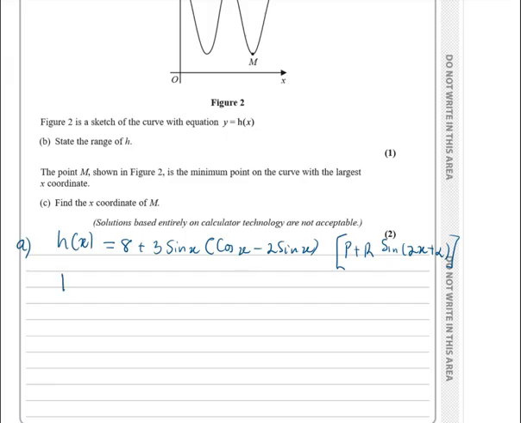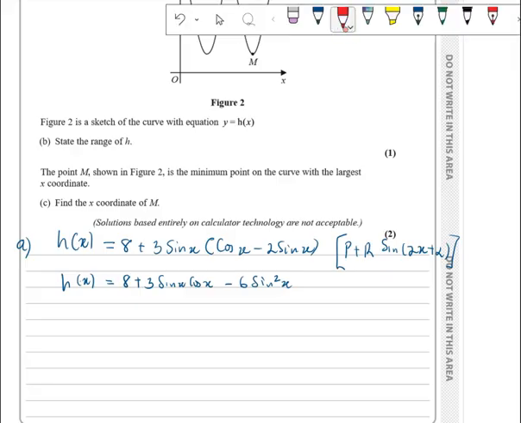So I have h of x equal to 8 plus 3, and now I'm going to open the brackets here. Plus 3 sine of x cos of x, minus, when you open the bracket, 6 times sine times sine, which is going to be sine squared x.